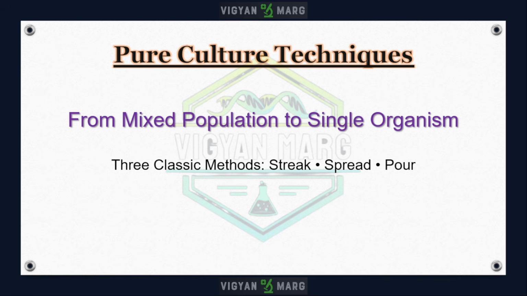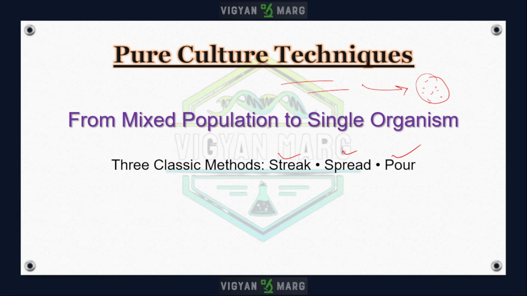Now pure culture techniques. Okay, to study microorganisms in detail, we need to do pure culture, a population derived from a single cell or a single colony free from contamination, like a single colony of a particular microorganism present in that particular medium. So there are different methods like streak plates, spread plates, pour plates techniques available.